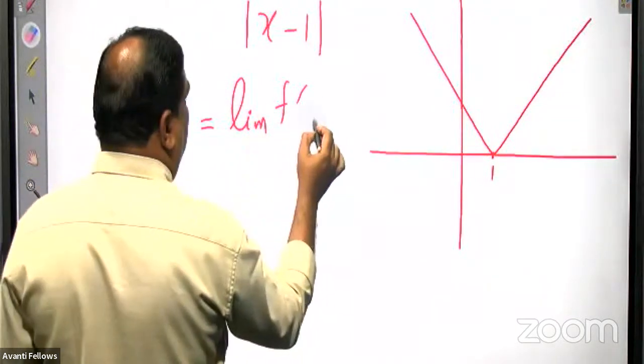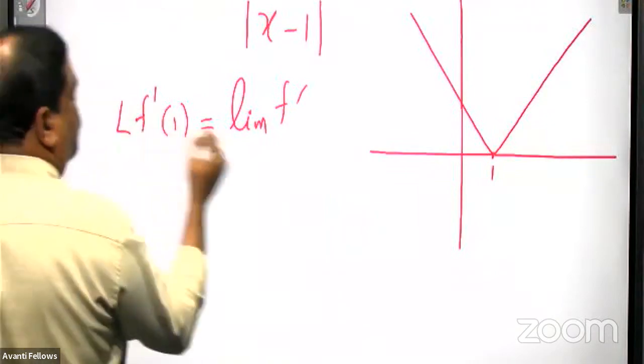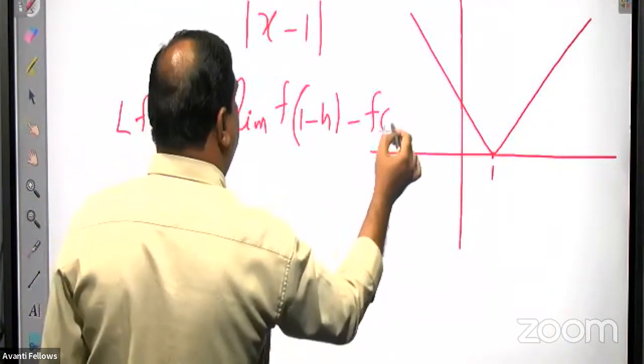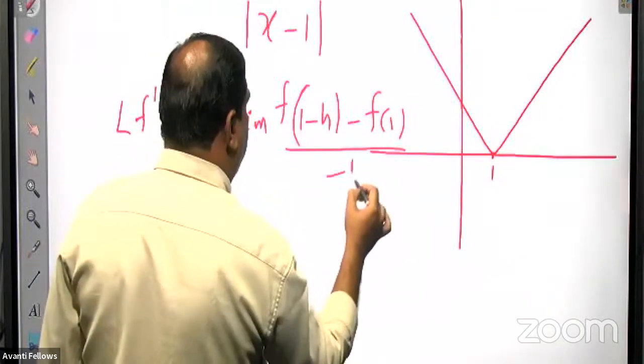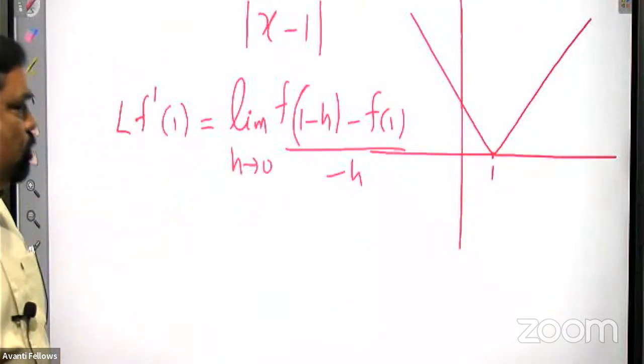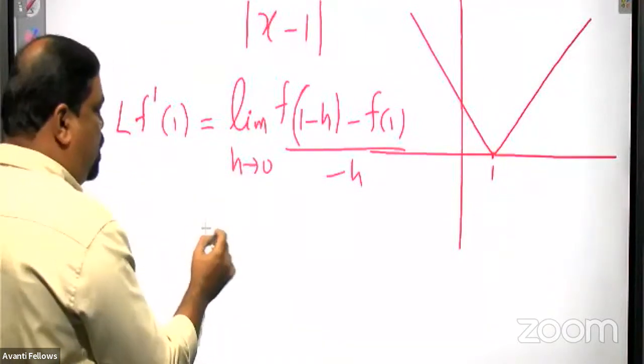The definition of left hand derivative: limit as h tends to 0 of f of 1 minus h minus f of 1, divided by minus h.